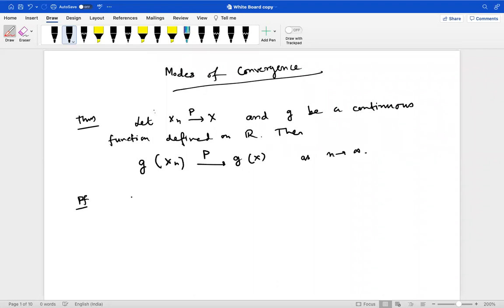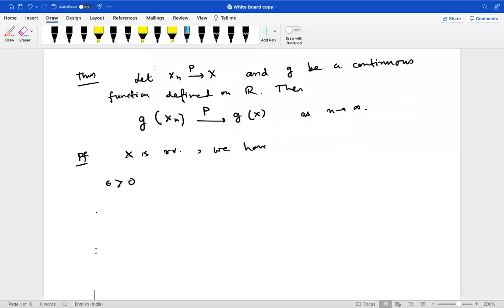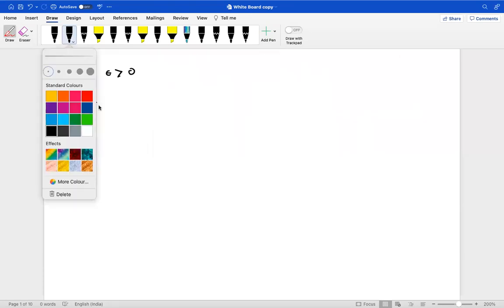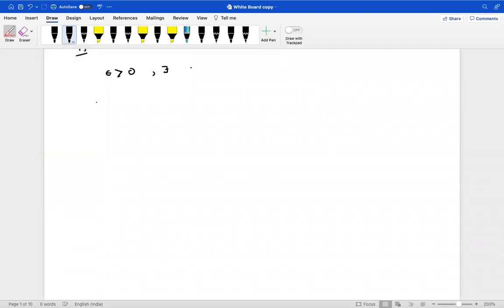Since X is a random variable, for any given epsilon positive, there is a real number constant k, which is a function of epsilon, such that the probability of modulus of X greater than k is less than epsilon by 2.